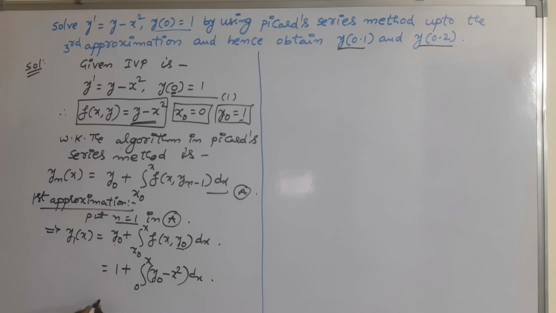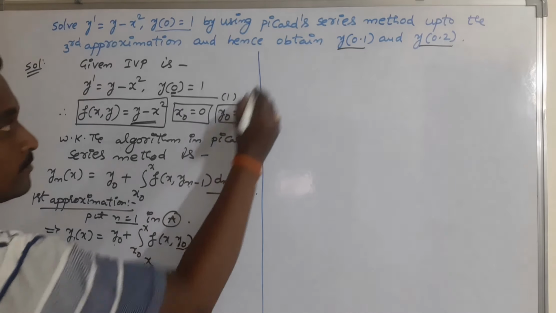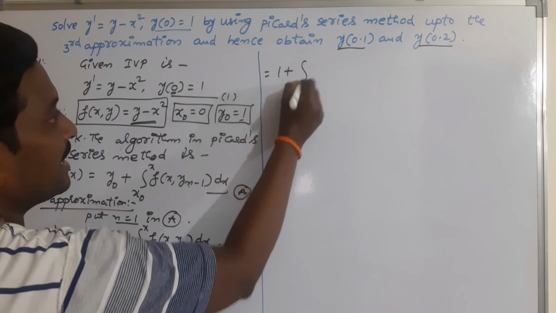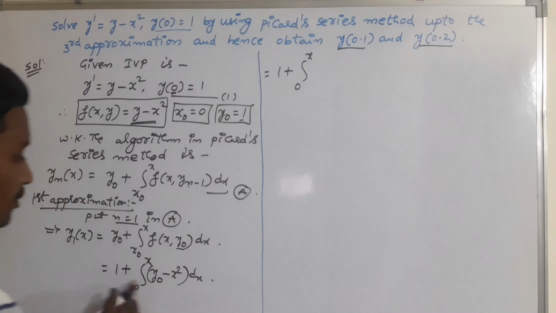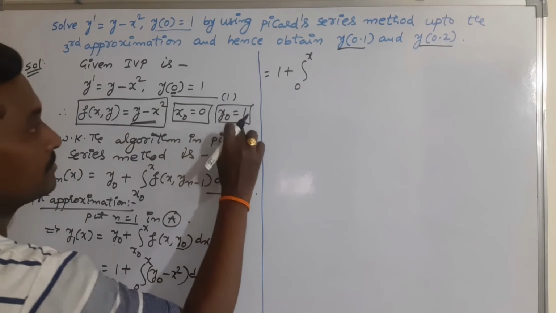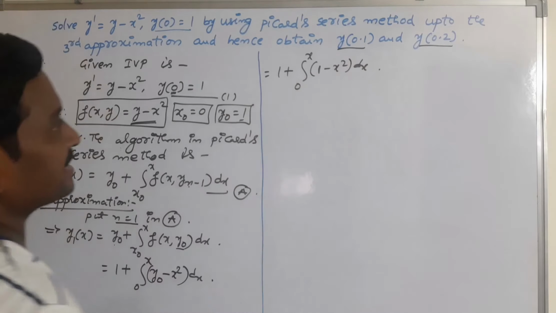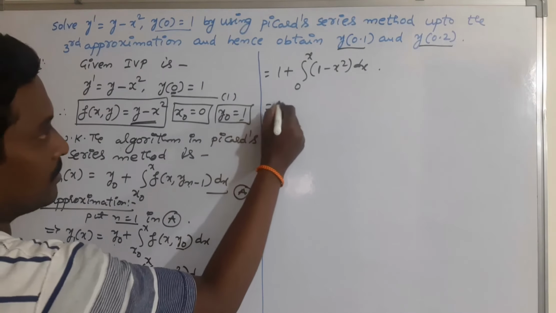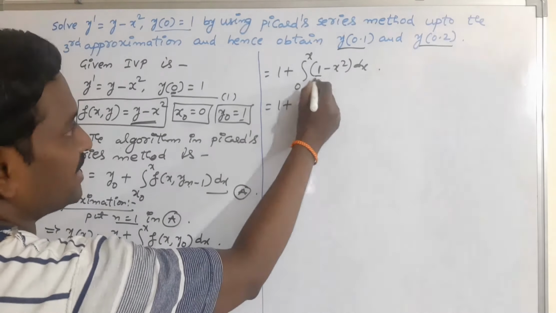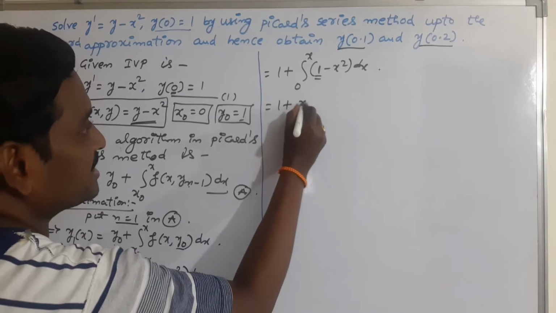Okay, see, 1 plus integral 0 to x, what is y0? Which is 1. So 1 minus x square into dx. Take the integration. So 1 plus, what is the integration of 1 with respect to x? It is x.